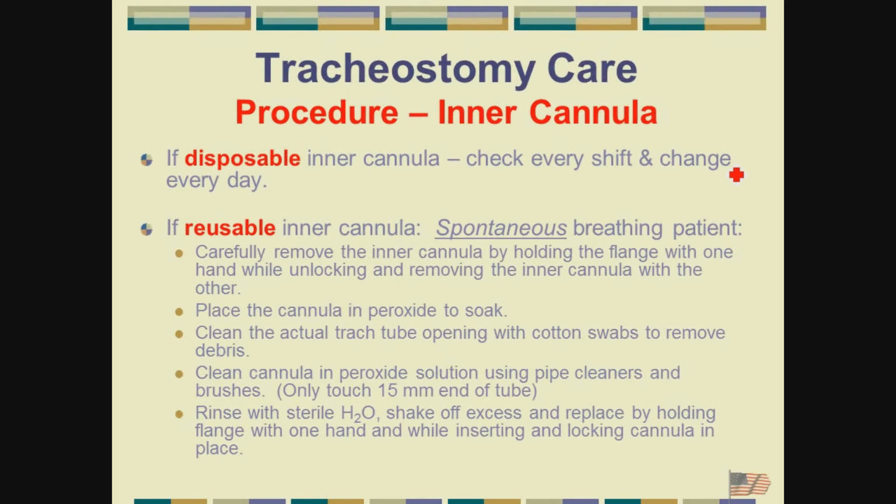Going to rinse it in sterile water, shake off the excess, and you can put that one back in, but for our purposes, we'll have a spare one from last time that we're going to swap out. So once that one has been taken out and dropped into the peroxide, you can put the other one back in and begin the process of cleaning the inner cannula.